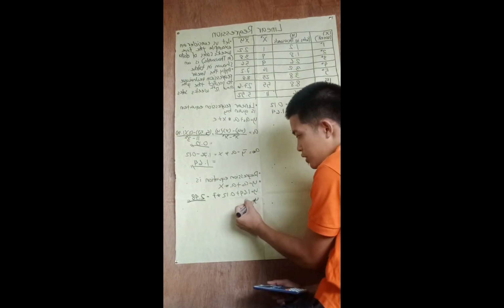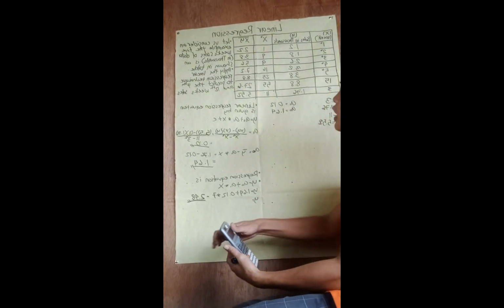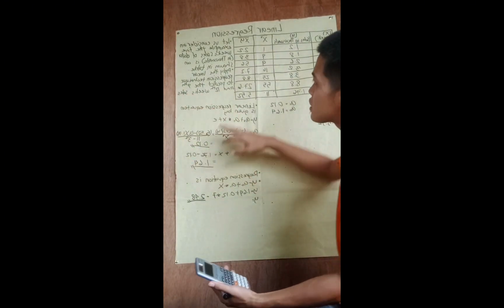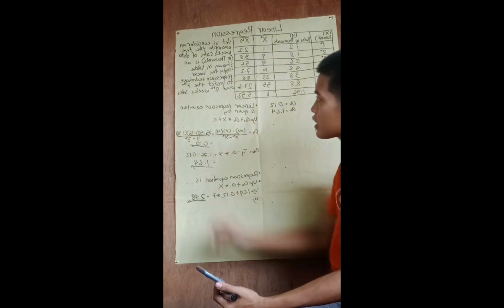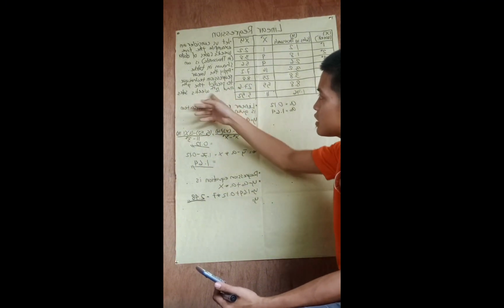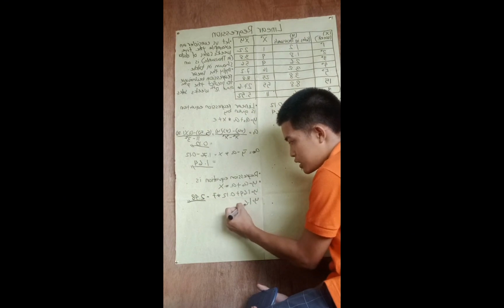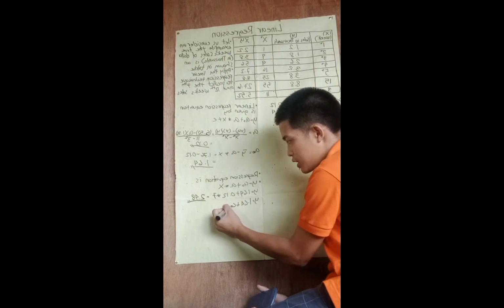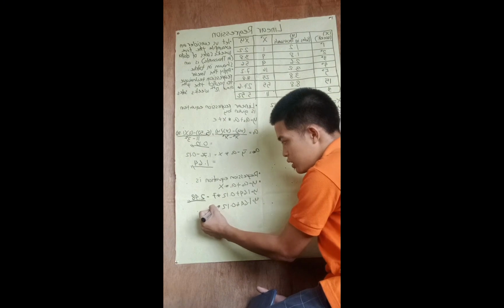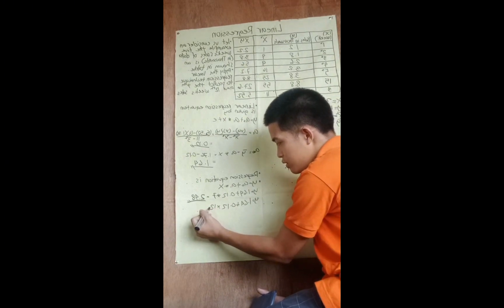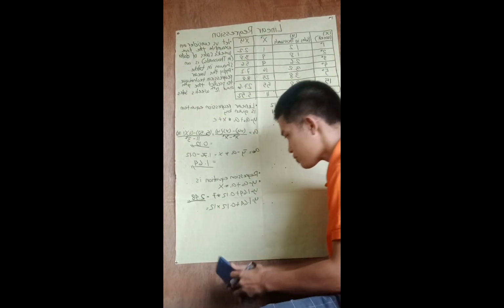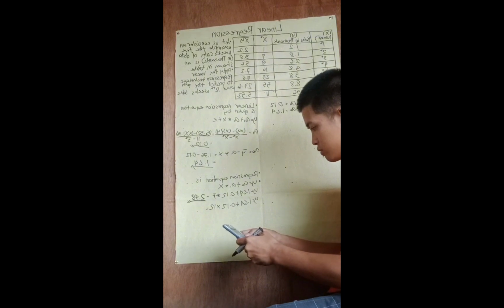So let's solve the 12-week sales, or predict the sales for week 12. 1.64 plus 0.12 times 12. So let us solve.